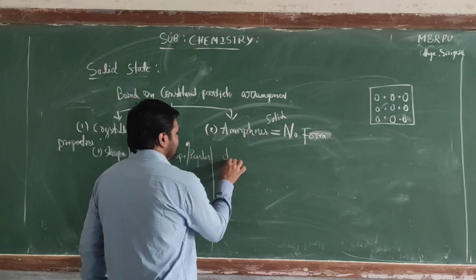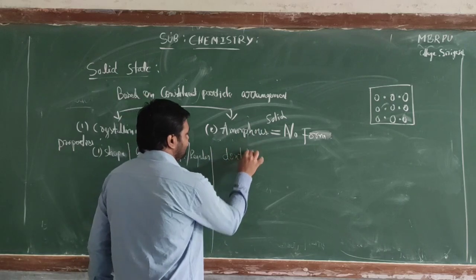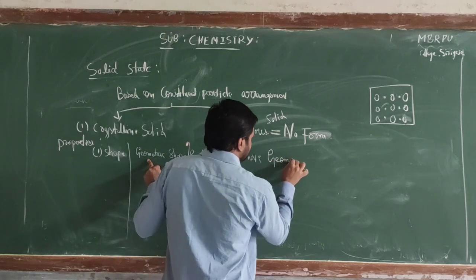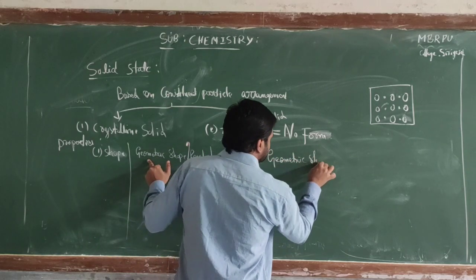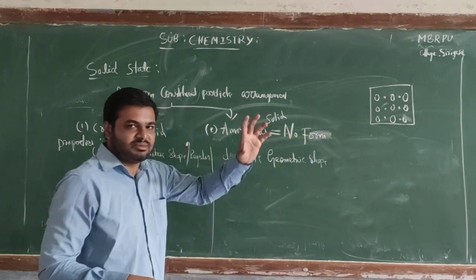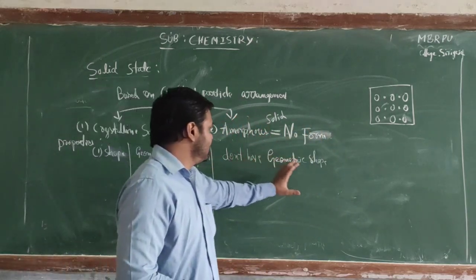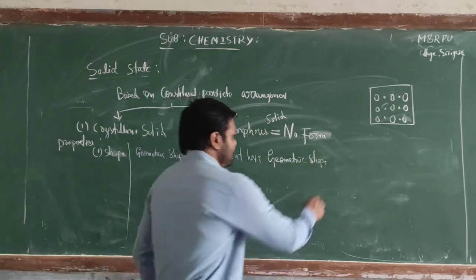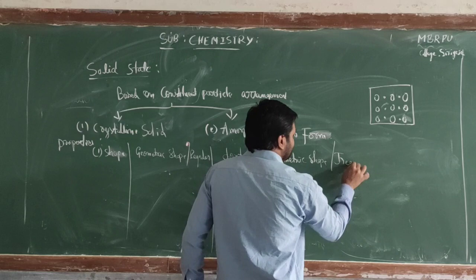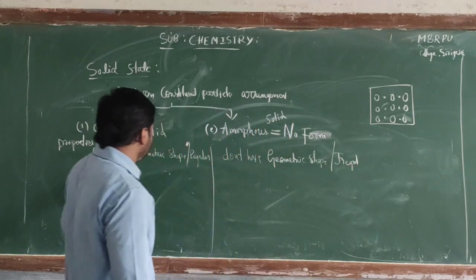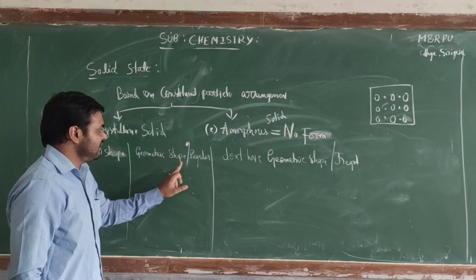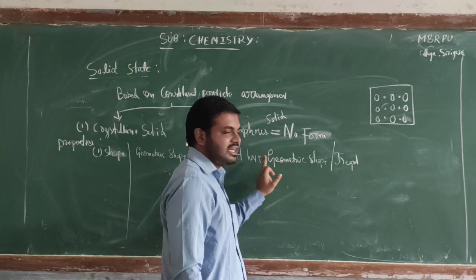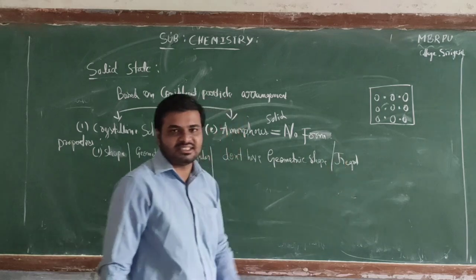They don't have geometrical shape. In the case of amorphous solids, there are no forms, no geometrical forms. Shape is geometrical or regular in crystalline. In the case of amorphous, they don't have any geometrical shape, irregular shapes.